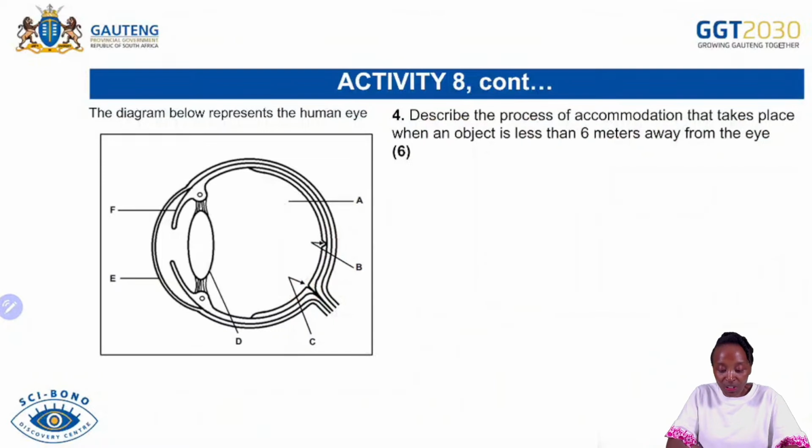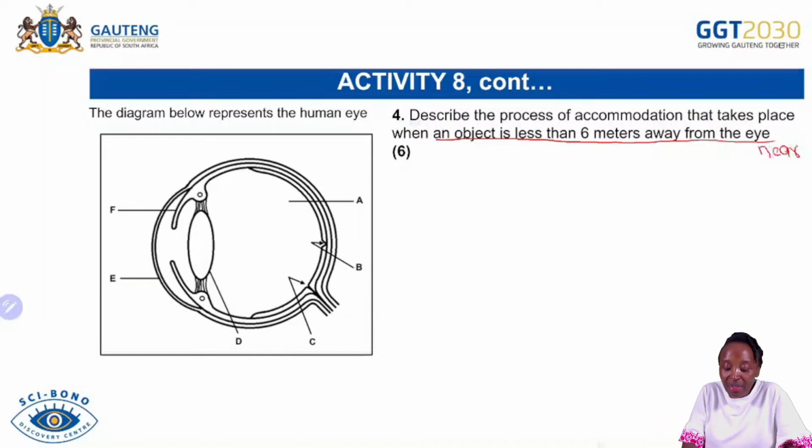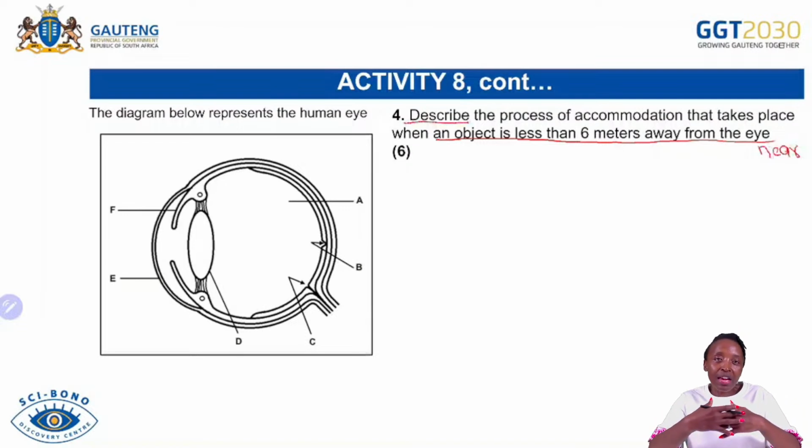And then the last question here is, describe the process of accommodation that takes place when the object is less than 6 meters away from the eye. So what are you expected to describe here? You are expected to describe near vision, because the object is less than 6 meters away from the eye. And remember, with the describe questions, you are just asked to give a series of events that take place in this process.